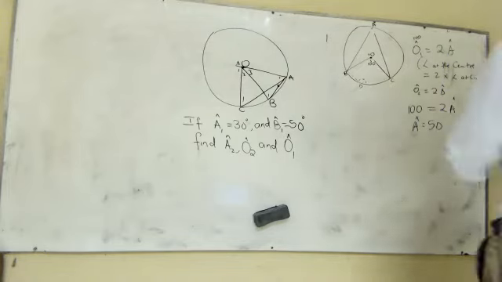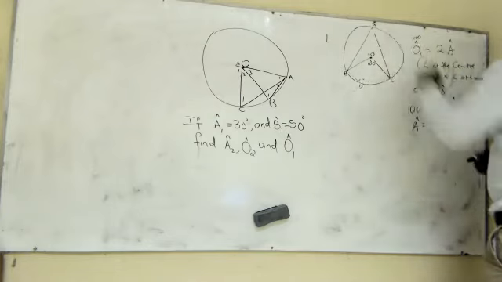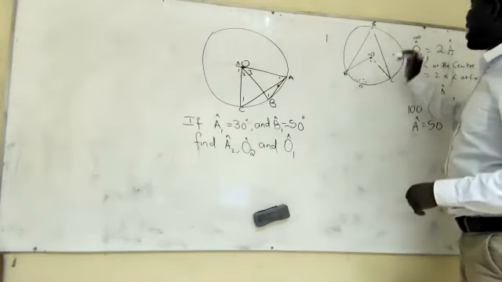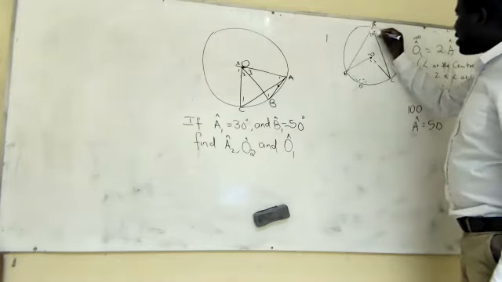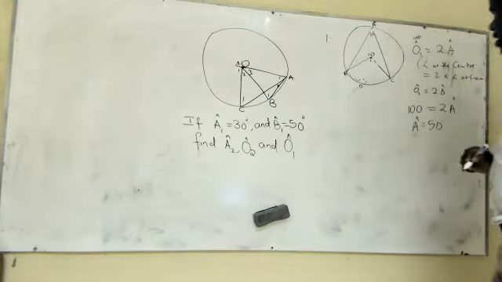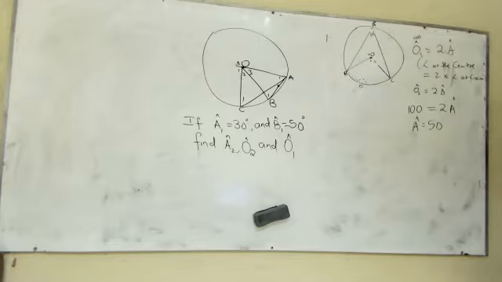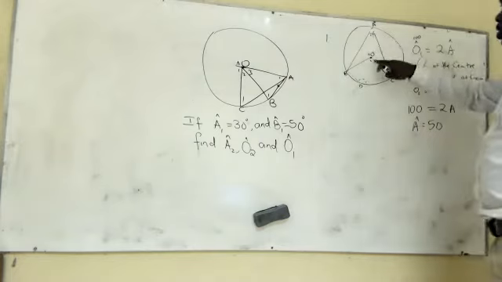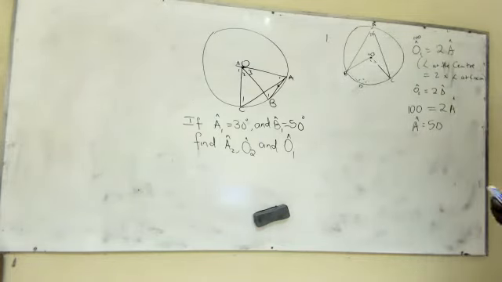Okay, I tricked you because I said O1, but it's going to be simple for you if I say A is equal to 20, what would be the angle O1?